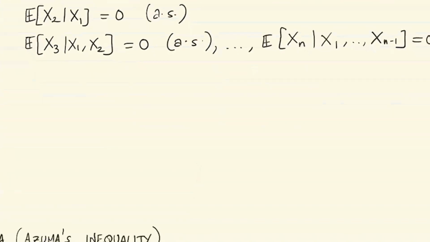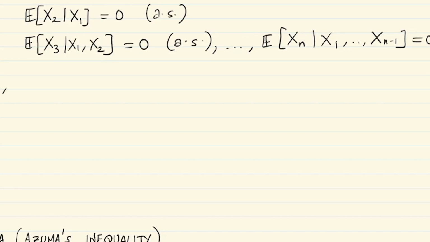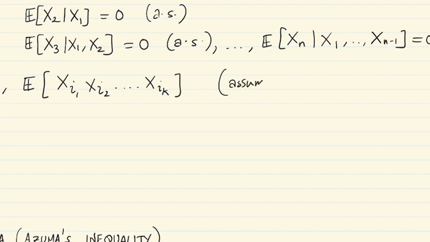If you have such a conditional independence structure, then we can easily compute explicitly the expected value of any subcollection of k of these n random variables, the product X_{i1}, X_{i2}, up to X_{ik}. Let's assume also that these are ordered, that is I1 is less than I2 less than Ik.